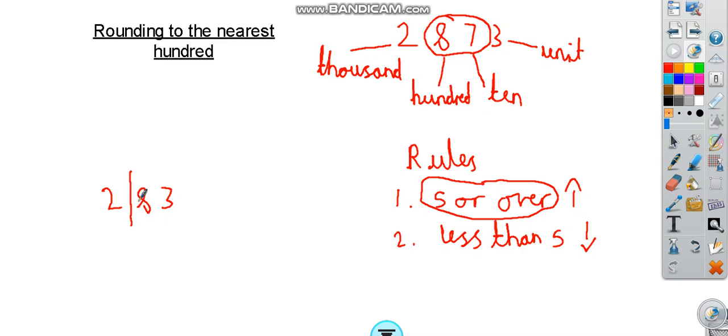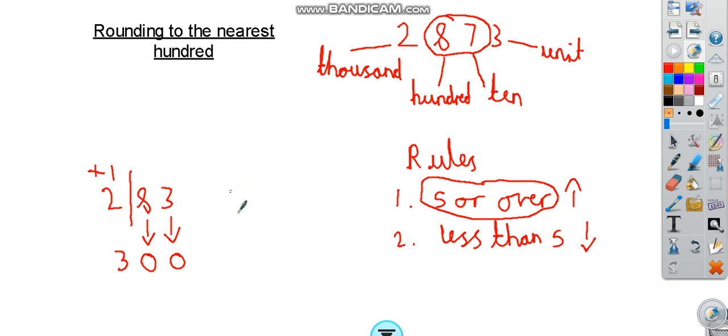Now we know that 8 is over 5, so we add 1 to 2, so you round up. But also we have to turn the tens into a 0. We also have to turn the number before it into a 0 as well. So we just add 1 to 2, so it's 3, so it's 300.